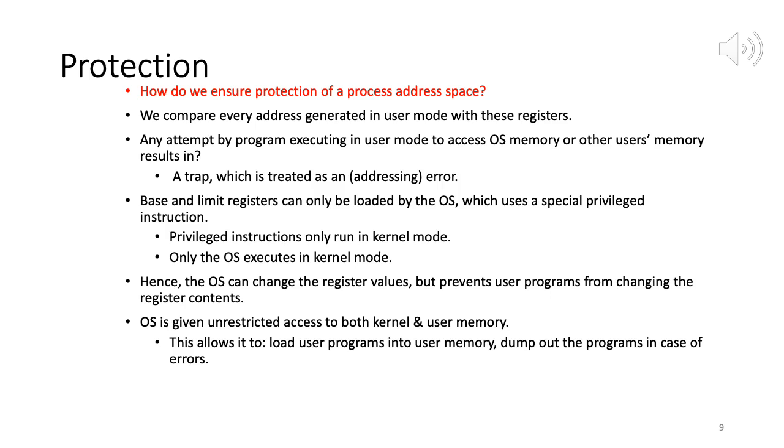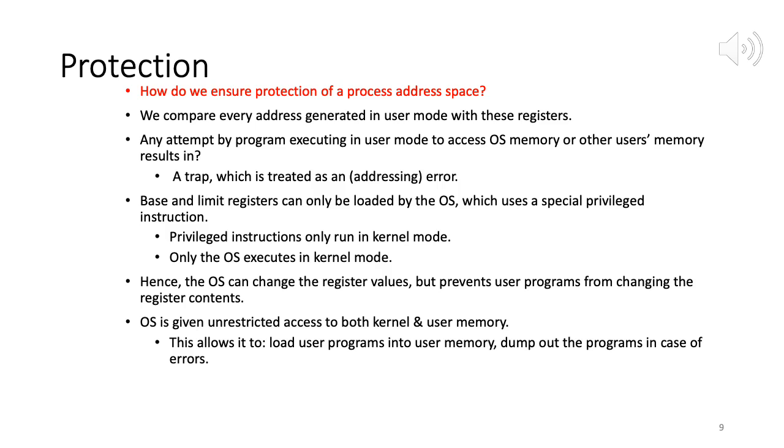Any attempt by the program executing in user mode to access OS memory or other users' memory results in a trap. So if you go out of bounds, a trap results, an addressing error, and that access is not allowed. So maybe you get a message saying that you're accessing some memory which you're not supposed to.